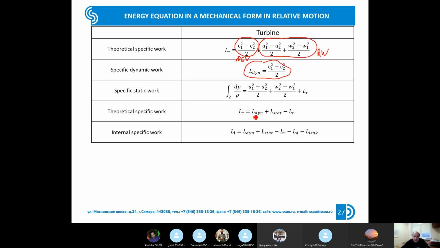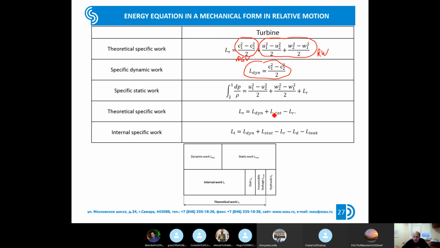And like in the case of the compressor, we could find the relationship between the theoretical specific work, dynamic specific work, static specific work and losses. And finally, we could find the energy exchange process in the turbine.